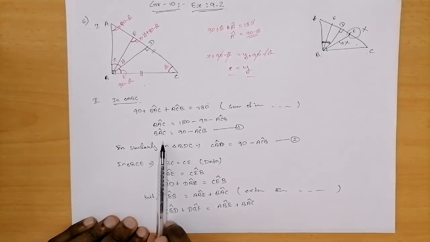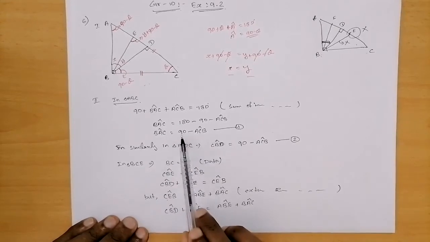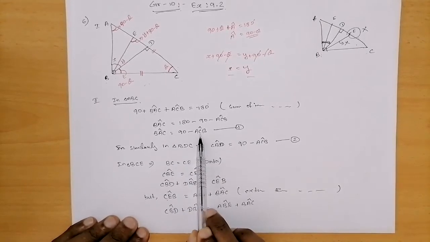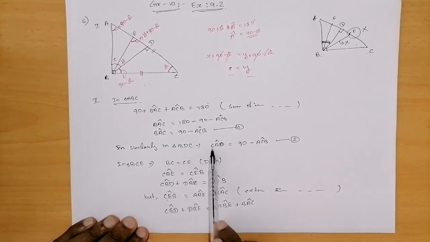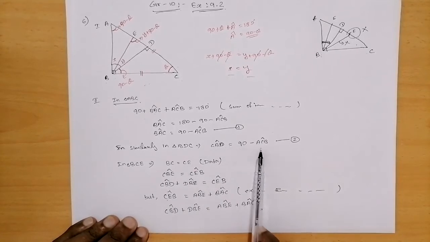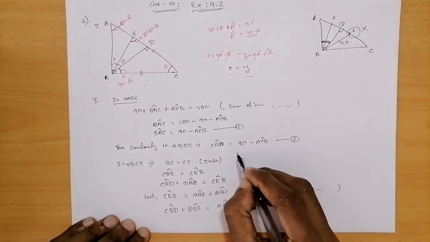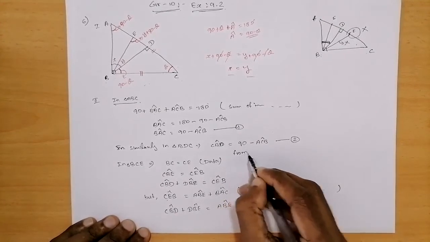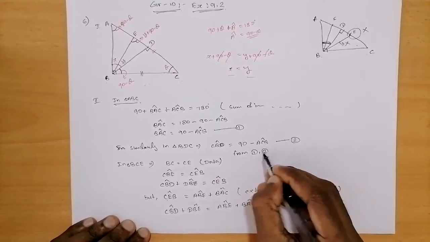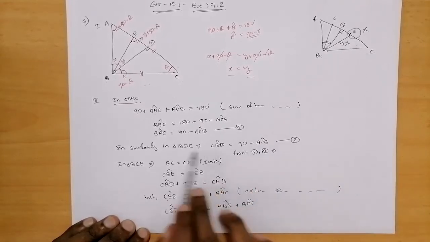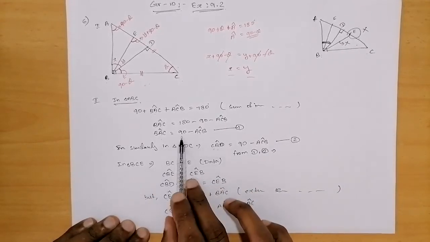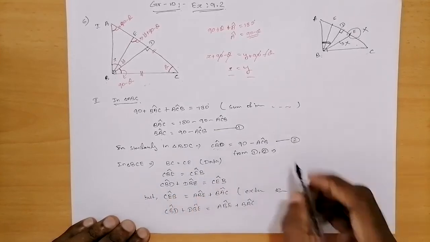Okay, go for the first one. BAC is equal to 90 minus ACB. And CBD is also equal to 90 minus ACB. So from 1 and 2, we can write that both BAC and CBD are equal because both are 90 minus ACB.